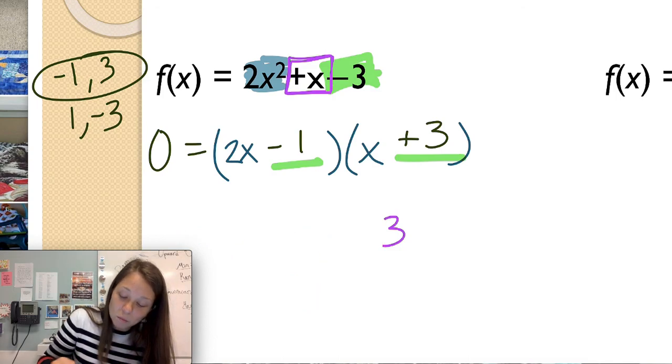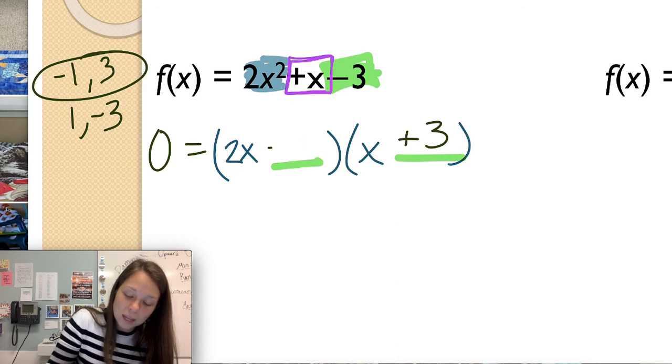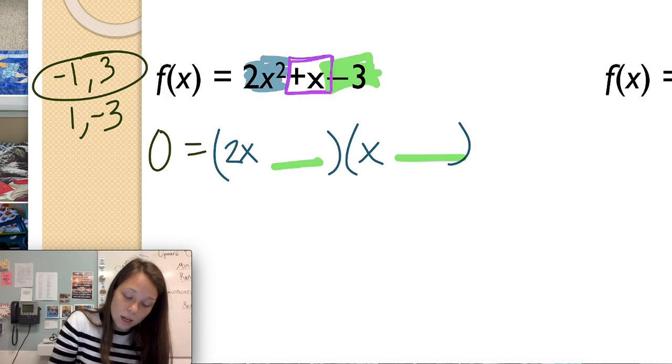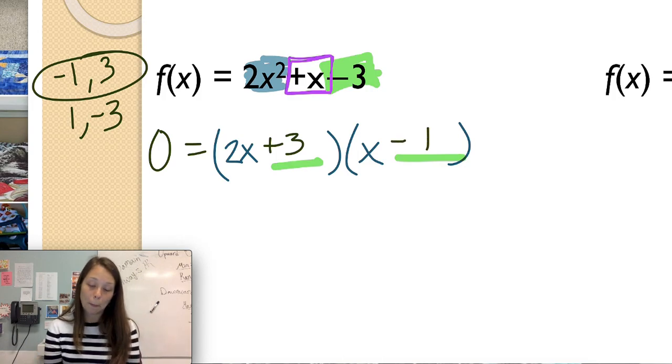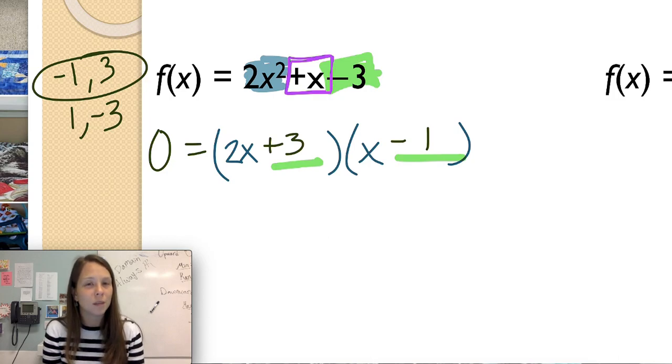So what that's telling me is I might have the placement of these numbers swapped. So now I'm going to switch it around and have plus 3 with the 2x and minus 1 with just the x. You might be wondering, why aren't you switching to the other factor? Maybe it's the sign.